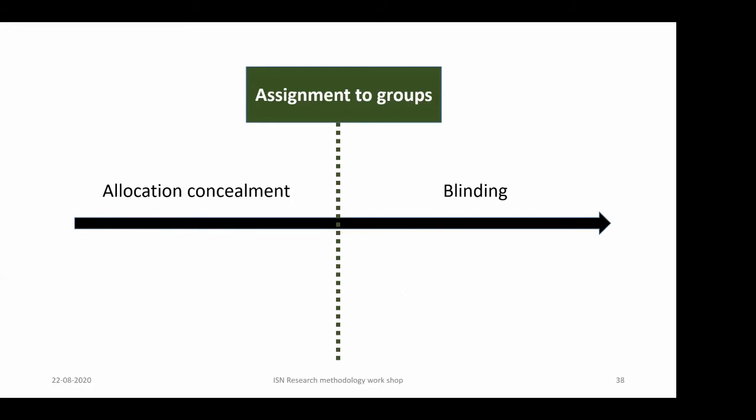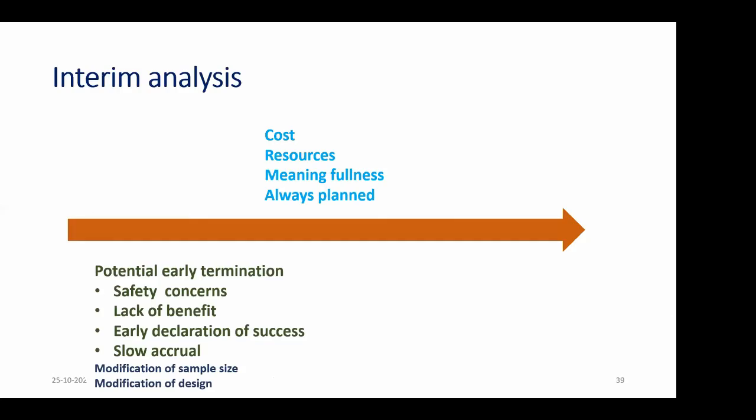Now, coming to something which we have not covered in the last class: interim analysis. Interim analysis should always be planned; never go for unplanned interim analysis. It helps to reduce the cost and cut short the resources. Because if in the middle we are analyzing and we find that the drug is not working, then probably there's no point in continuing with the drug. You can stop the study at that point.